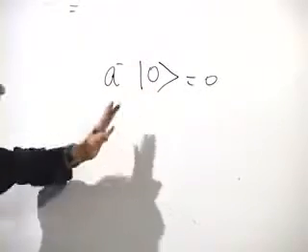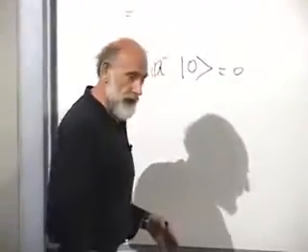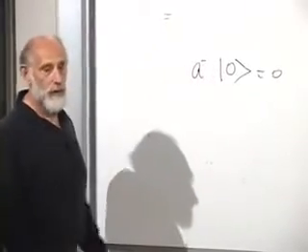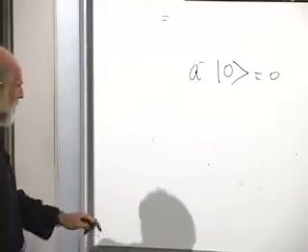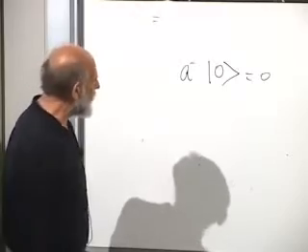Obviously it doesn't. The eigenvalue of the energy is omega over 2. It just represents the ground state. The first state, we could have called it 1, but we call it 0 for the ground state. Okay, A minus on this is equal to 0.